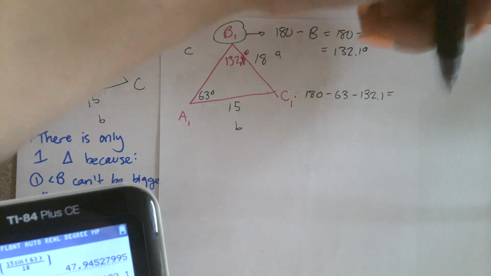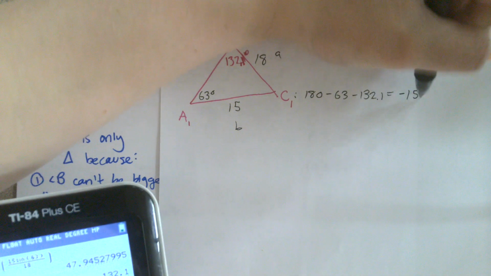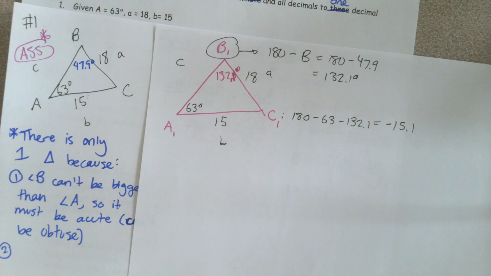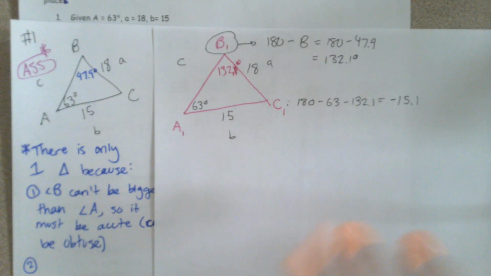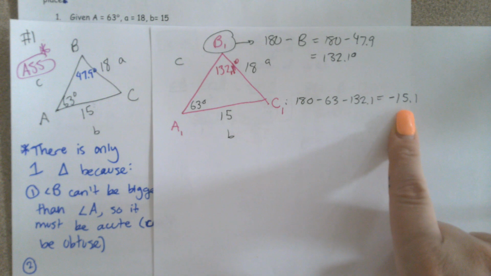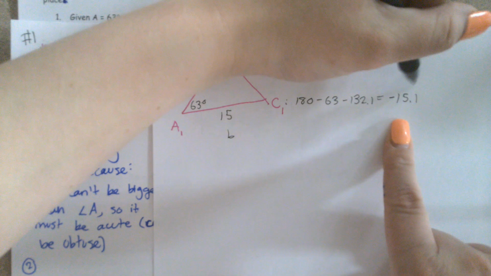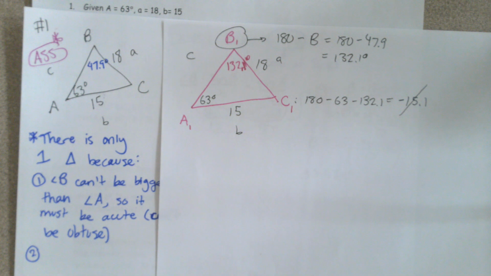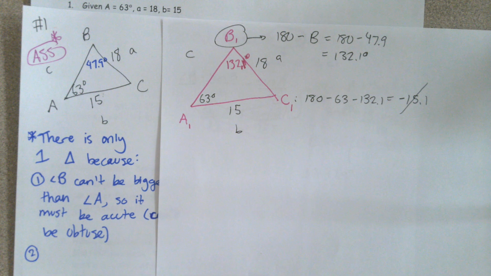And we get negative 15.1 degrees. Now, as you can imagine, you can't have a negative number for C. It's not possible. So, since that fails, we know we can't have a second triangle out of this. It doesn't work. The math falls apart.